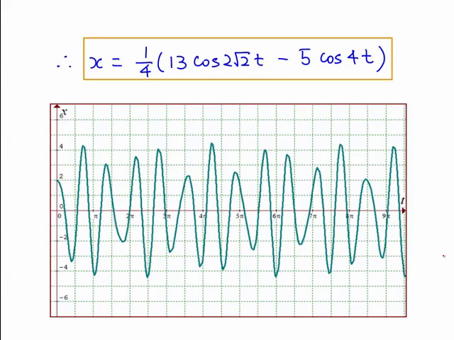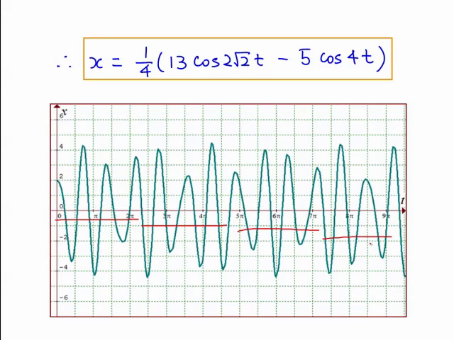Now if we were to plot the graph of this solution, x = 1/4 (13 cos 2√2 t - 5 cos 4t), we get a picture like the one shown here, and you can see that there is some kind of pattern that's being repeated. This is one portion, and it's being repeated here, here, and here.